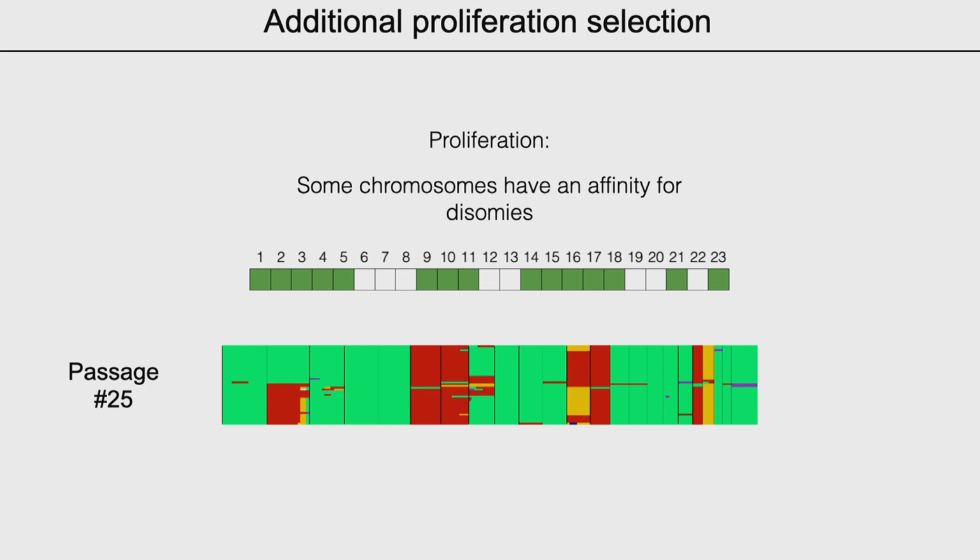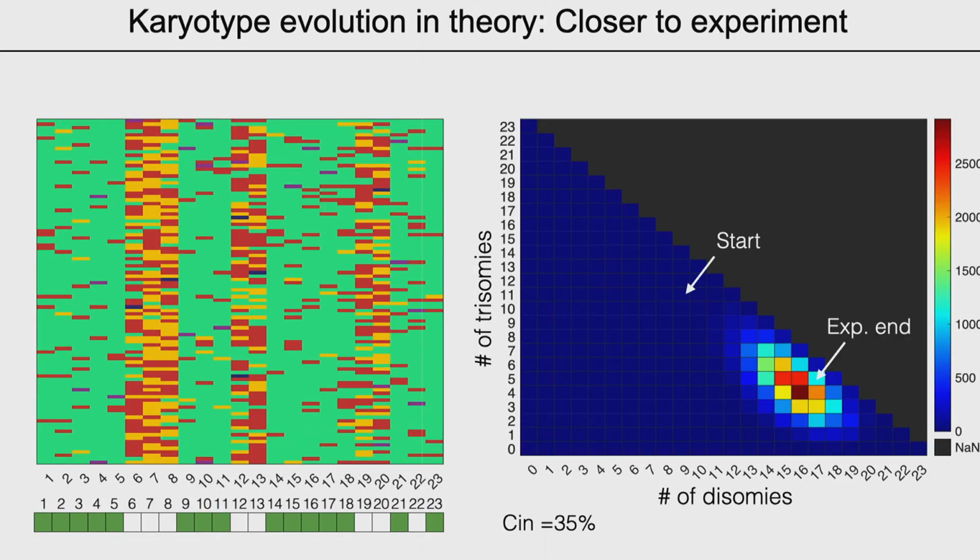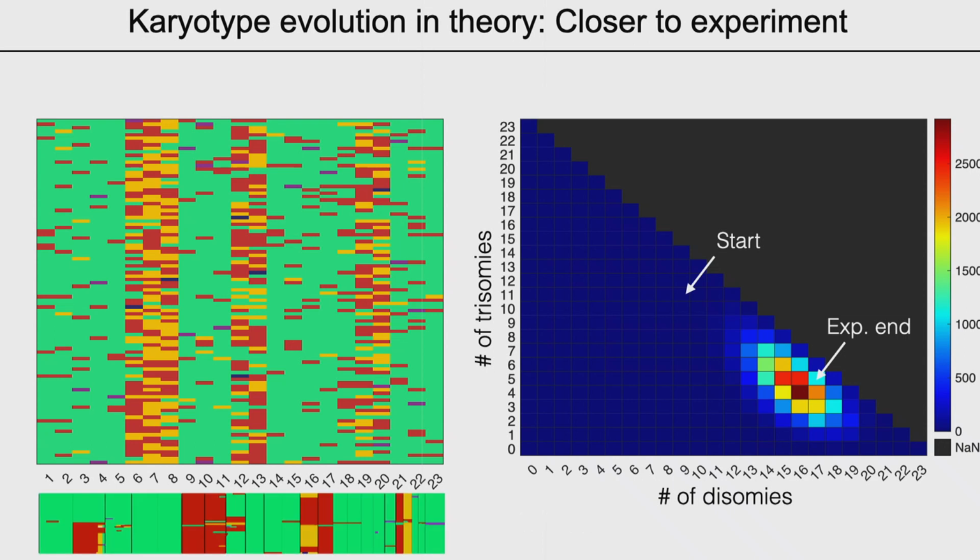So what we wanted to do, we now started to put some additional advantages on the cells that are having these 2 copies. Of course, we put something by hand, and we could see that we are getting closer to the karyotype that appears in experiments, and they are almost now getting close to each other, though this one is more heterogeneous compared to this one.